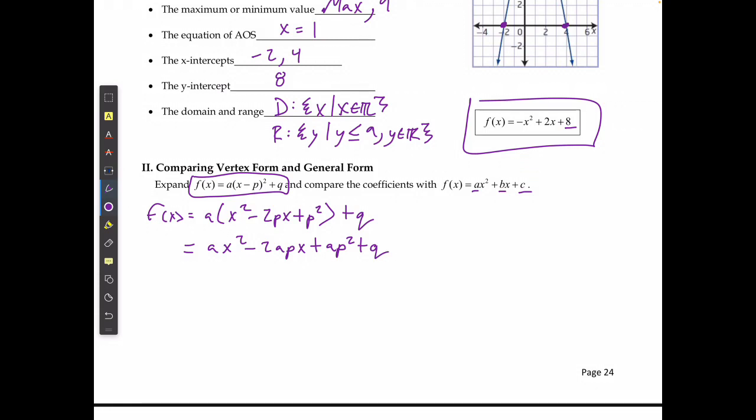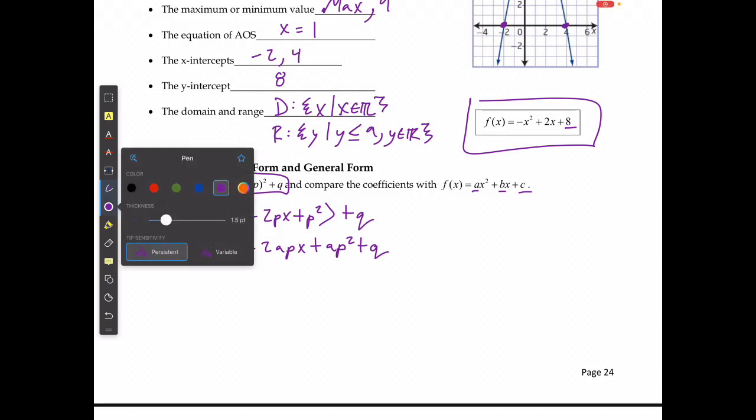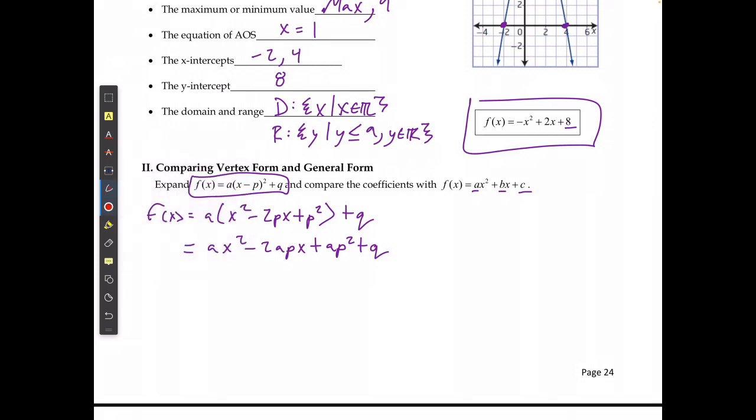As I've already said, in this case, the coefficient of x squared, or the a value in my general form, is still just the coefficient of x squared. In this form, a is still equal to a.